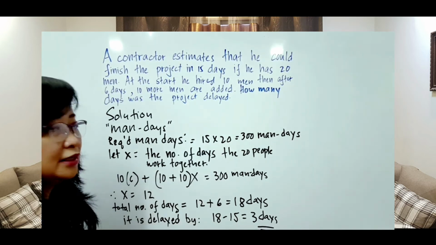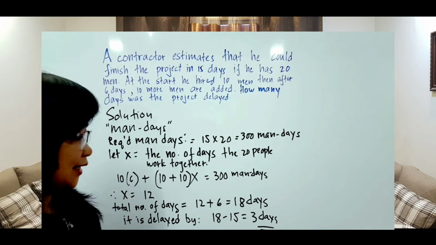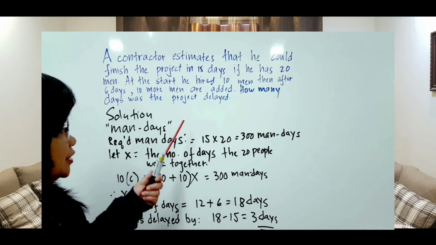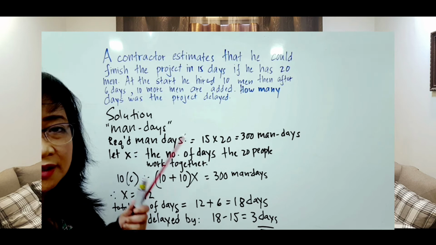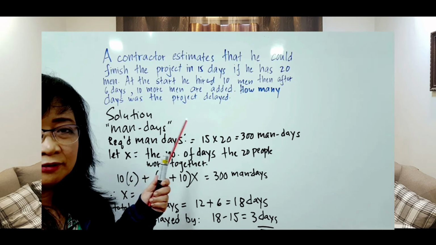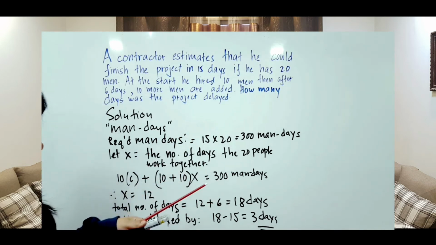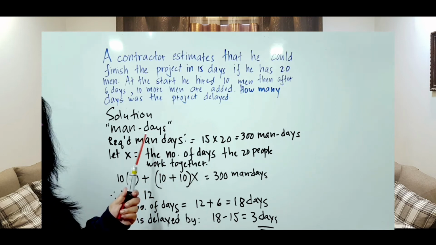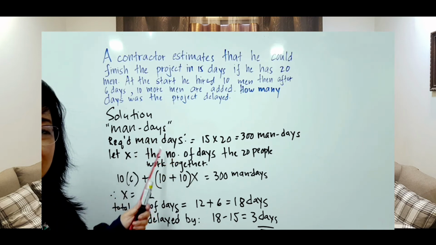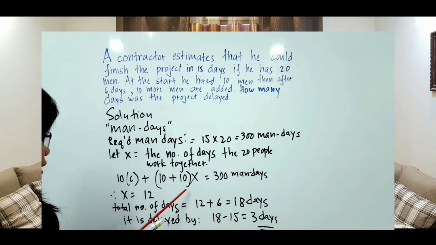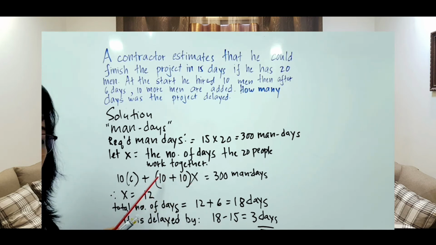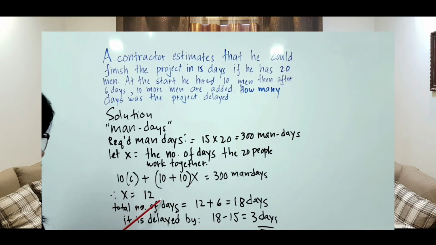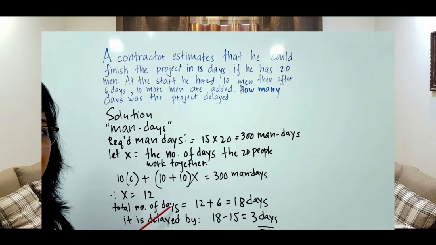So, the project was delayed for 3 days because originally the contractor estimated it to be 15 days only for 20 people. Because originally the contractor hired only 10, then after 6 days additional 10, so that the total number of days is equal to 12.